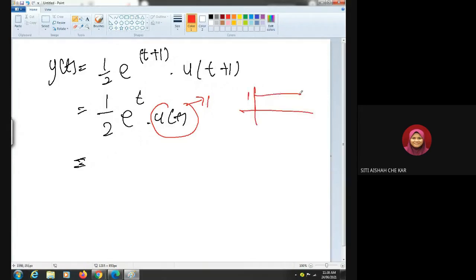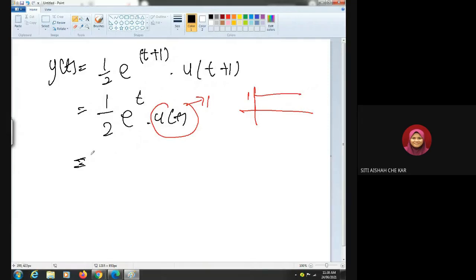Okay. So ut ni dia punya untuk maklumkan this Laplace is unilateral. Bukan bilateral, unilateral. So ni Laplace 1/2 exponent t dapat apa?